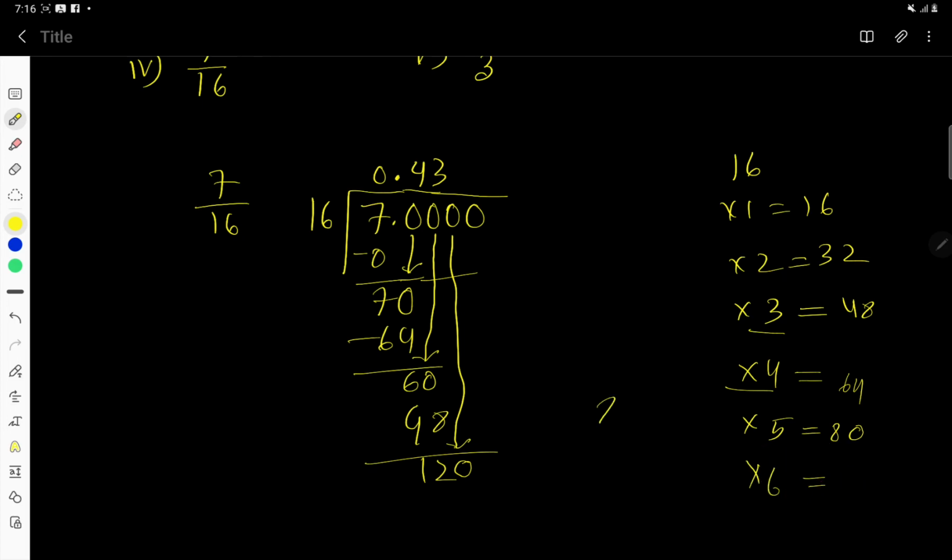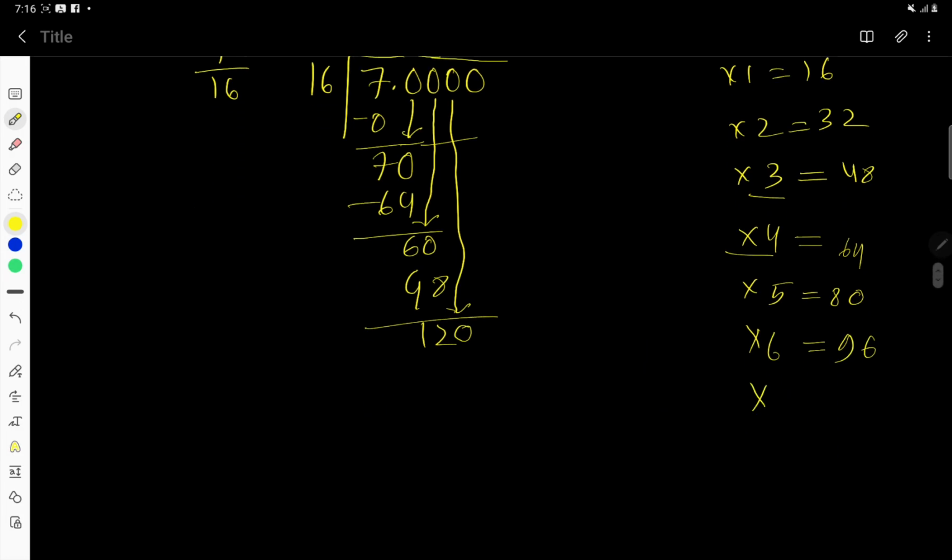80 plus 16, what will happen? 96. 96 plus 16 is 112. Then 8, just add 16 with this 112, 128.